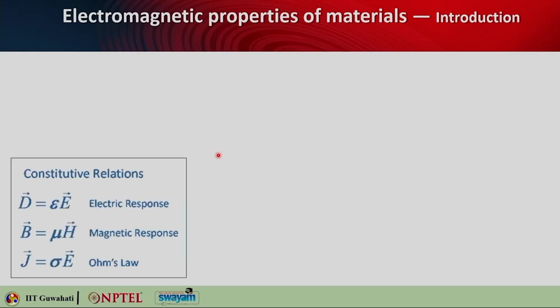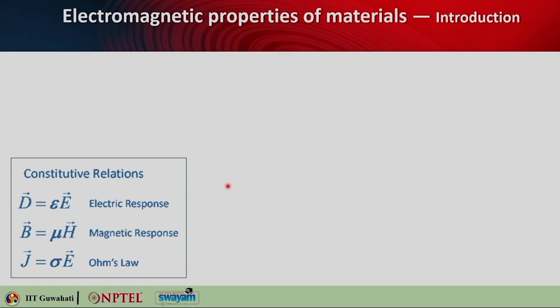So why do we need that? Because when any material interacts with an electromagnetic field, there are certain parameters in that material that quantify that interaction, and that can be given as the constitutive relations.